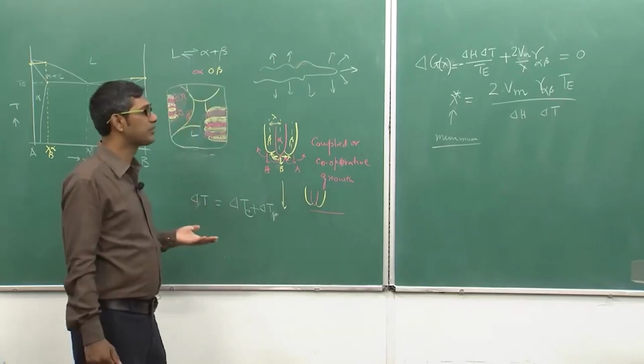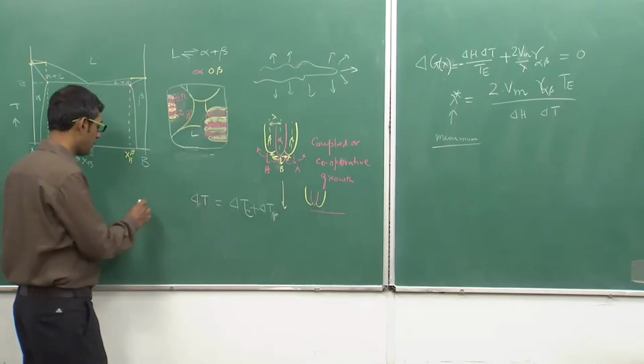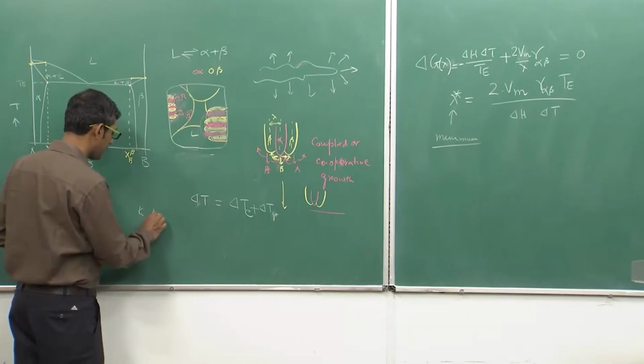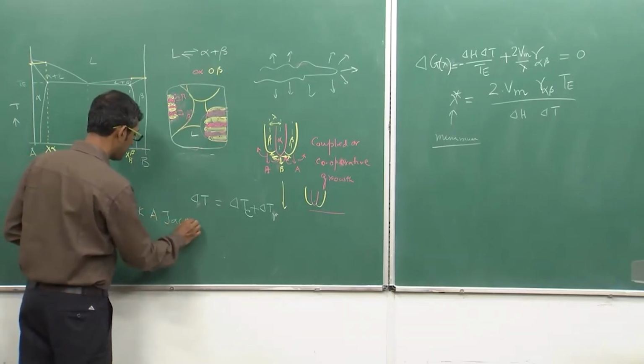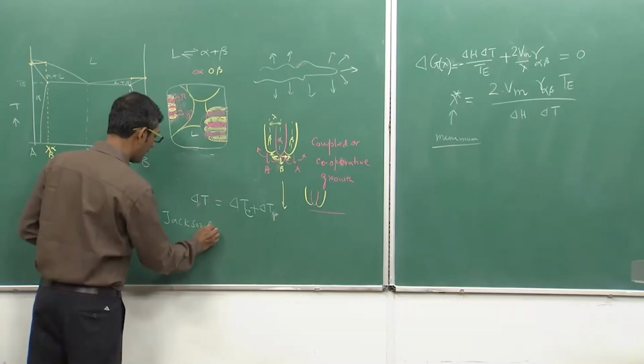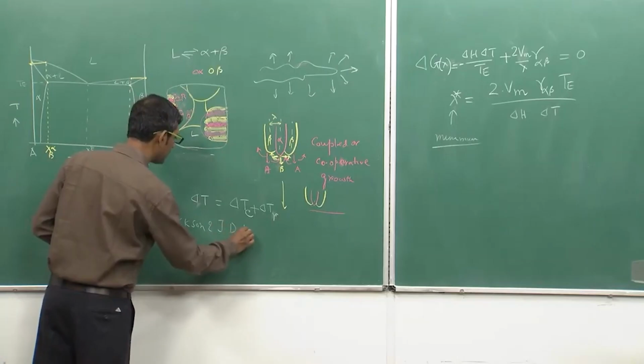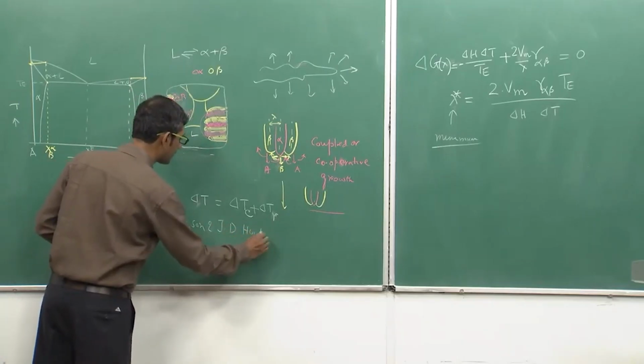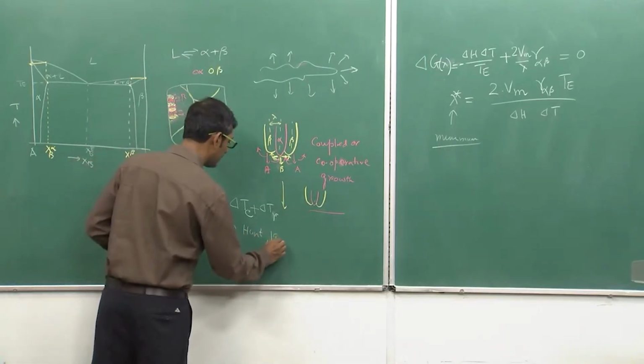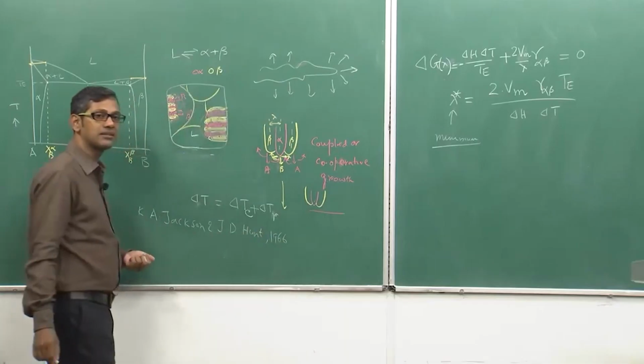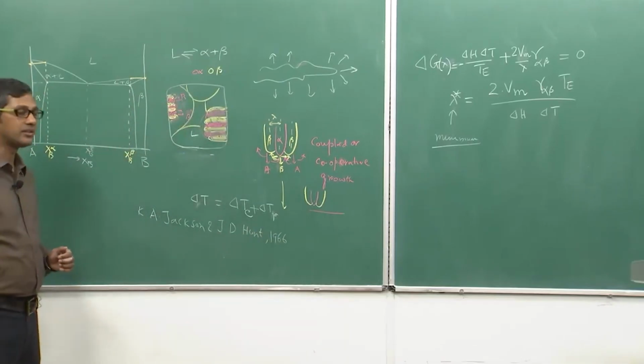In fact, this theory was formally developed by K. A. Jackson and J. D. Hunt in 1966, and classically this theory is known as Jackson and Hunt theory.